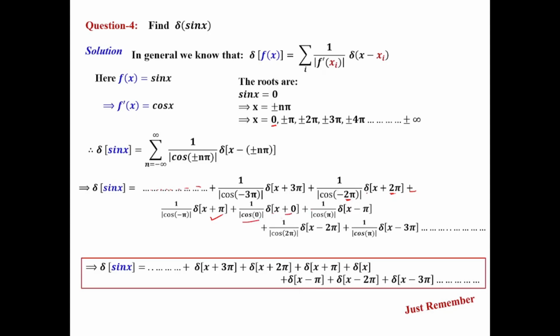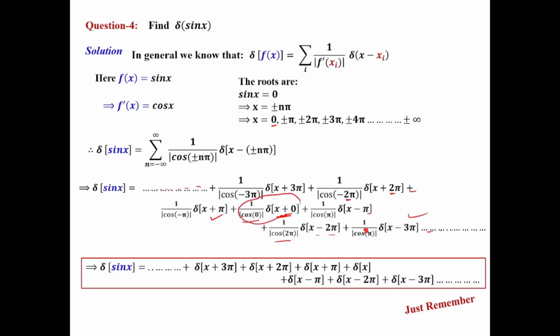Up to this we considered the minus roots, after that the plus roots. So plus roots means 1 by cos π delta(x − π), then 1 by cos 2π delta(x − 2π), then 1 by cos 3π delta(x − 3π), which I mistakenly wrote differently, I will correct it. And so on.